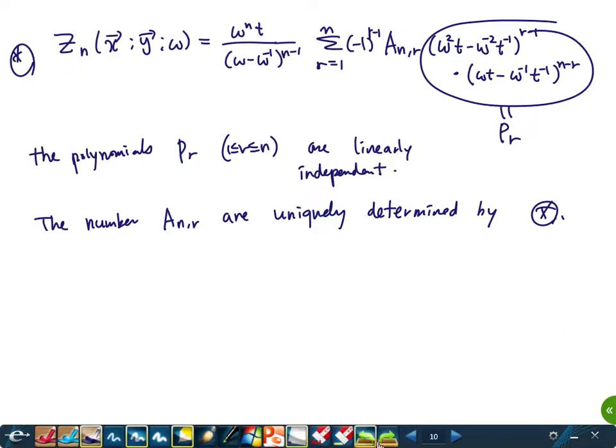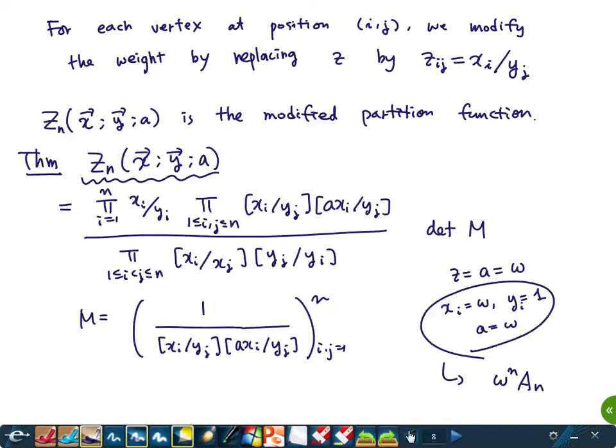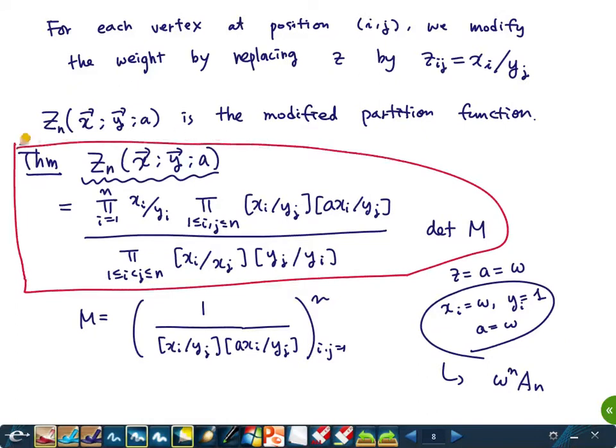Right now, the goal of this lecture is to prove this theorem. Now we want to prove this theorem. And an important property of this partition function is that, from the definition, it is not clear at all that it is symmetric in the variables x's and y's.